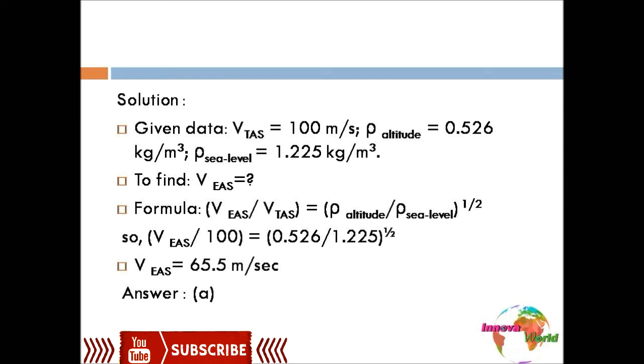Now we know this relation, the formula, that is VEAS by VTAS equals root of rho altitude by rho sea level, power 1 by 2. Now you substitute all the values over there and get the equation, and we got it. That is 65.5. It matches with option A. So the answer is option A.